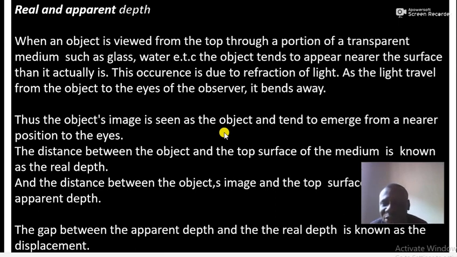When it happens, an image of this object is formed by the two or more rays that the observer sees. This image will be formed inside the medium where the light actually came from, but the rays will intersect at a point closer to the eyes, nearer the surface or interface separating that medium and air.